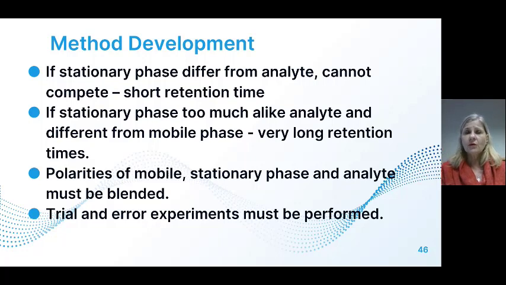So we always start with a high concentration of water, which would elute all the compounds that are not attracted to your stationary phase. And after that, we increase the non-polar component of our mobile phase so that we can elute the compounds attracted strongly to our non-polar stationary phase.